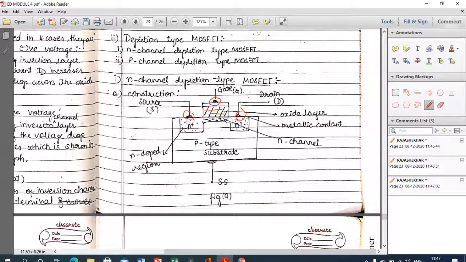This oxide layer, made of SiO2, acts as an insulator between the gate terminal and the channel with respect to the p-type substrate.